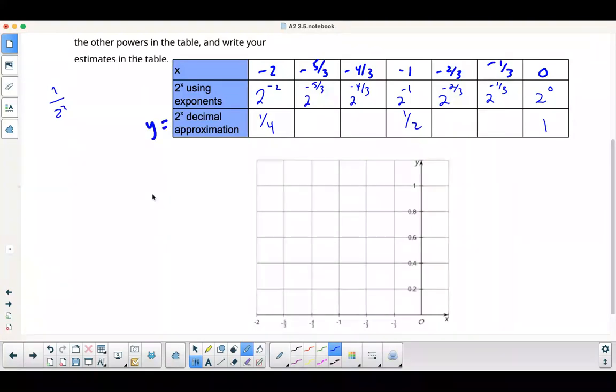So it's almost like this is my ordered pair, -2, 1/4 basically. So I go left to 1/4 is 0.25. That's right there. -1 is at 1/2. That's right there. And then 0 is up here at 1.